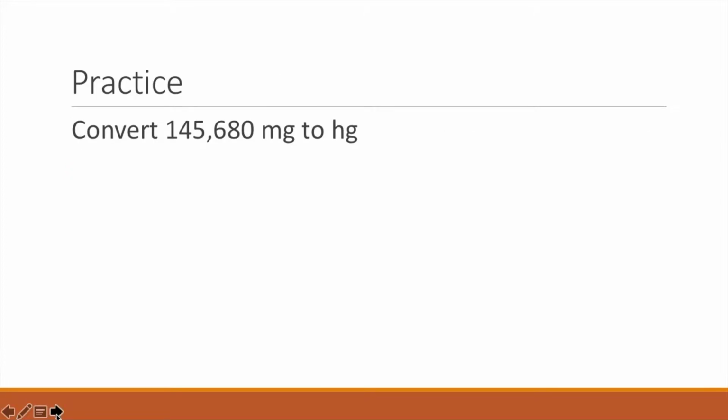Alright, so our first example, we have 145,680 milligrams, and we want to go to hectograms. So I'm going to start off with 145,680 milligrams.